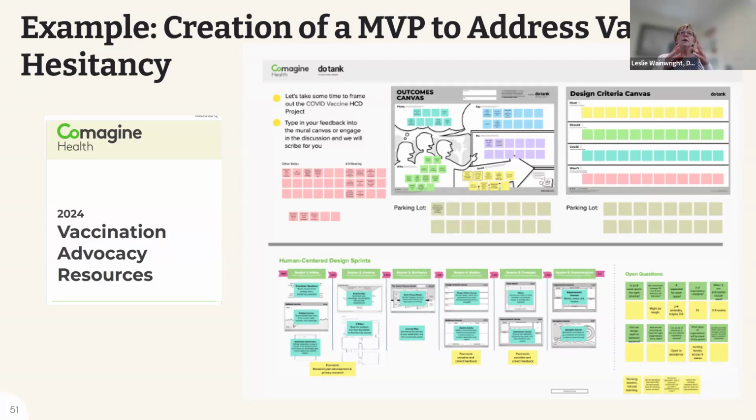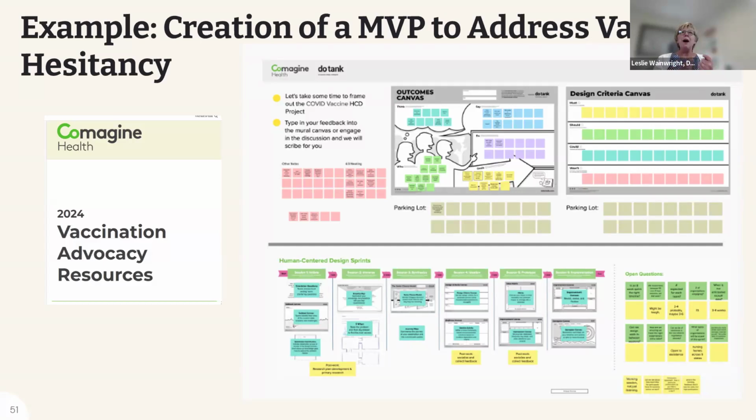So the team not only built a couple prototypes with what those different types of questions could be to engage around this discussion of vaccine hesitancies with patients and their families, they also mocked up a couple type of interfaces for how you could have something in front of you to help guide that discussion.